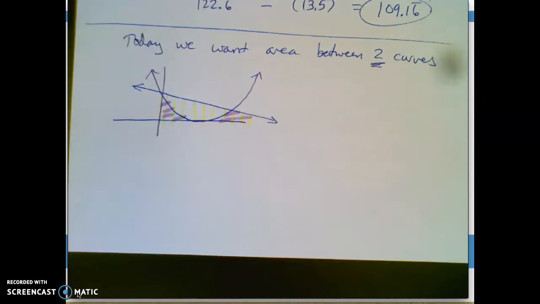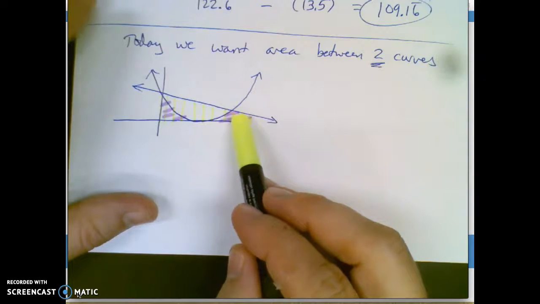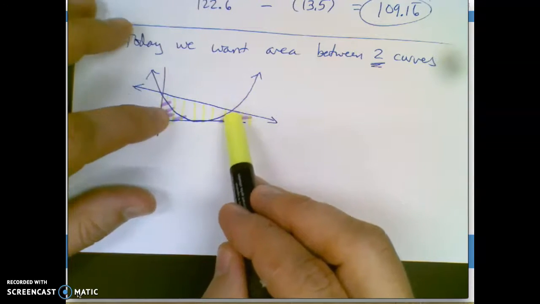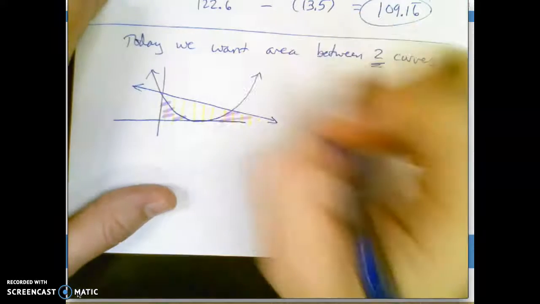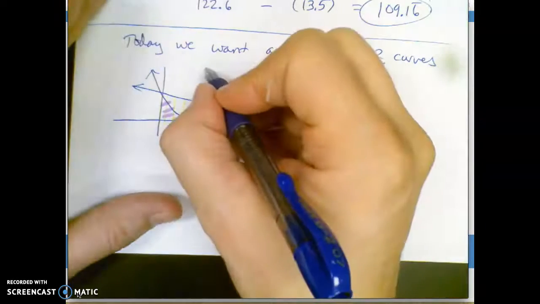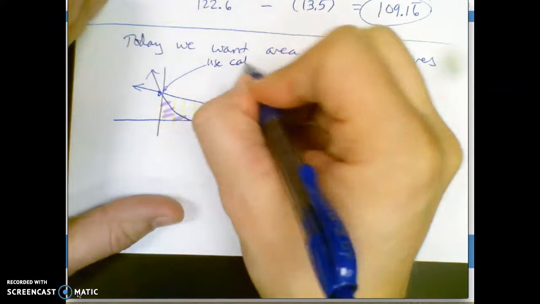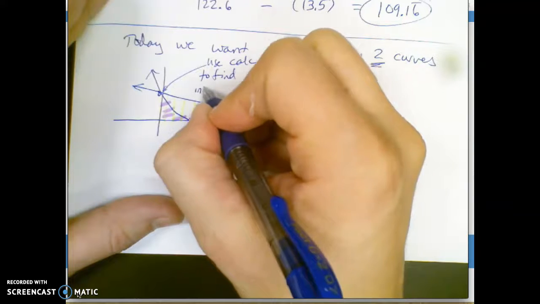So to find the area of this smiley face, you really just have to take the yellow area, which is the area under this straight line, minus the purple area, which is the area under the curve. The only thing you have to do extra work for that's different than last time is you have to use your calculator to find intersection points.